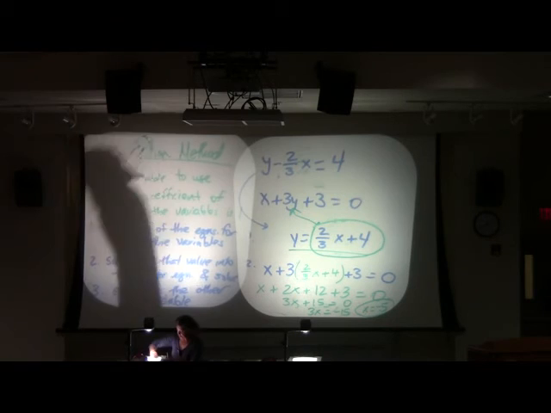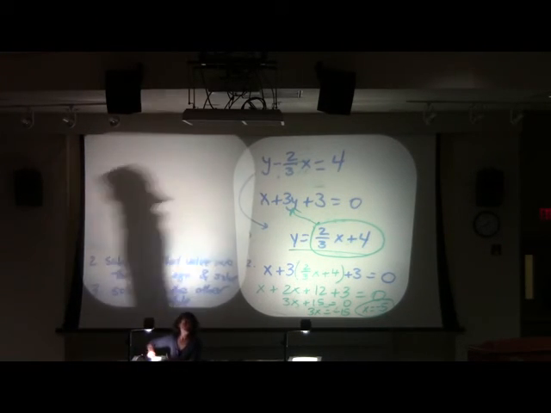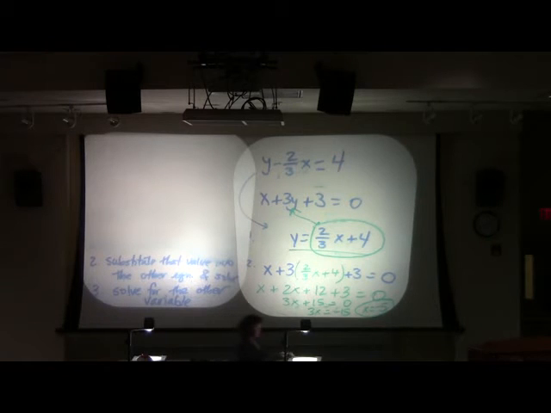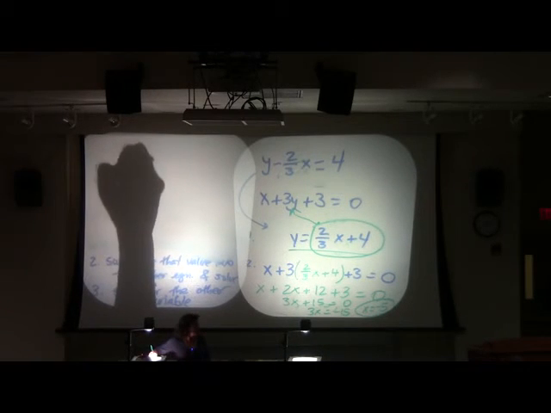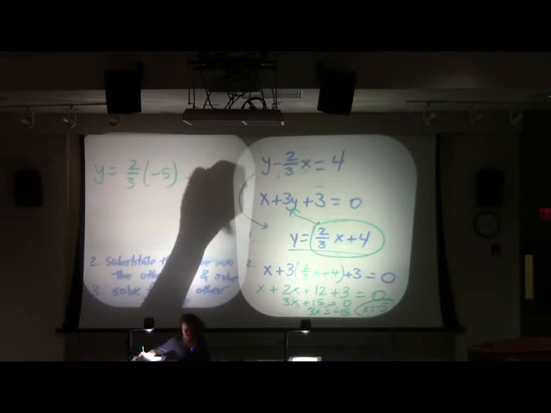Don't we need to find our corresponding y value? How would we do that? Well, we would take x equals negative 5 and plug it in any one of these top versions. I would just plug it into here where it's already solved for y, just because for me that's the least amount of complications. So 2/3 times negative 5 plus 4.